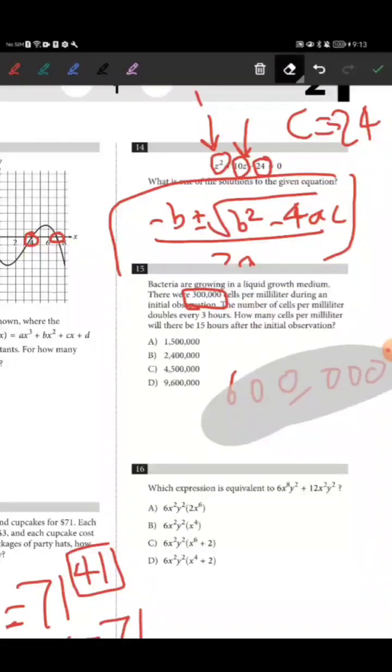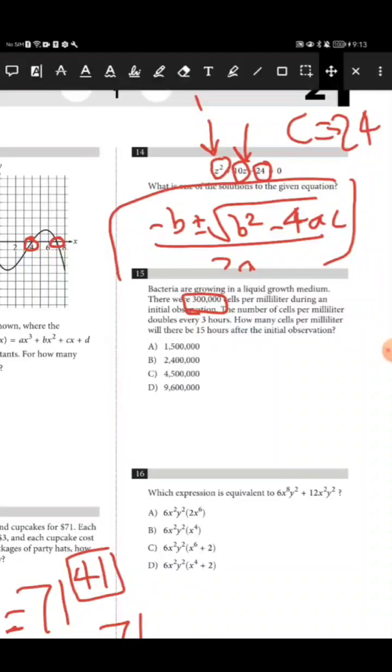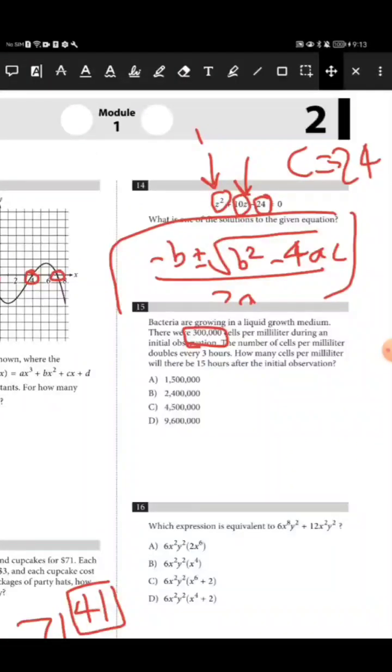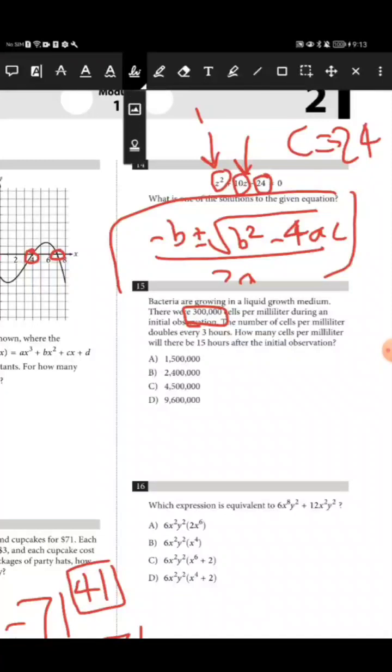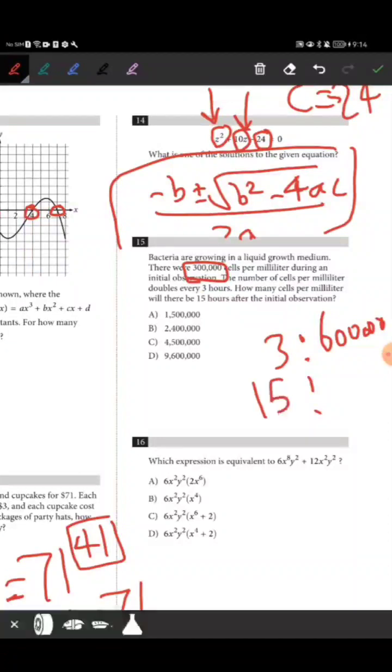So now, let's say at hour number 3, three hours from the starting point, we had 600,000. Now I want to know after 15 hours, how much do I have?